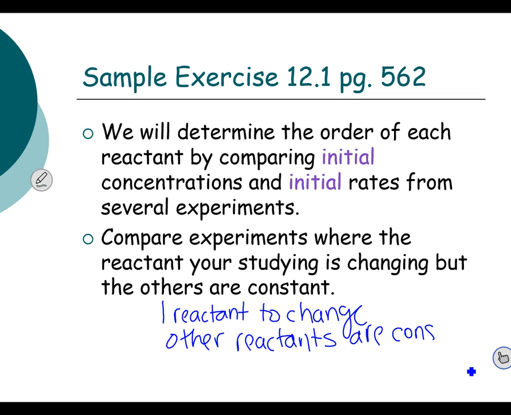Now, this is your ideal situation. That's what you really want to have happen. It doesn't have to be that way. You can actually calculate rate laws with 2 reactants changing. That's something I'll show you in class. We're going to focus really on the real basic one so far, where we just have 1 changing.